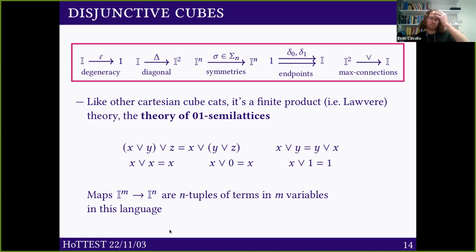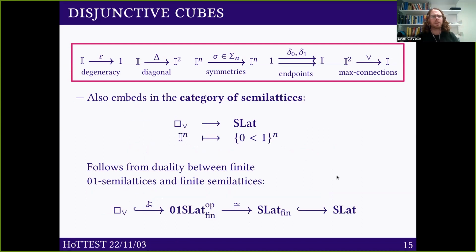And so the maps here, maps from I to the m to I to the n, can be written as n-tuples of terms that vary in m variables in this language. But maybe more useful for us right now is that there's also an embedding from this cube category into the category of not necessarily bounded semilattices.